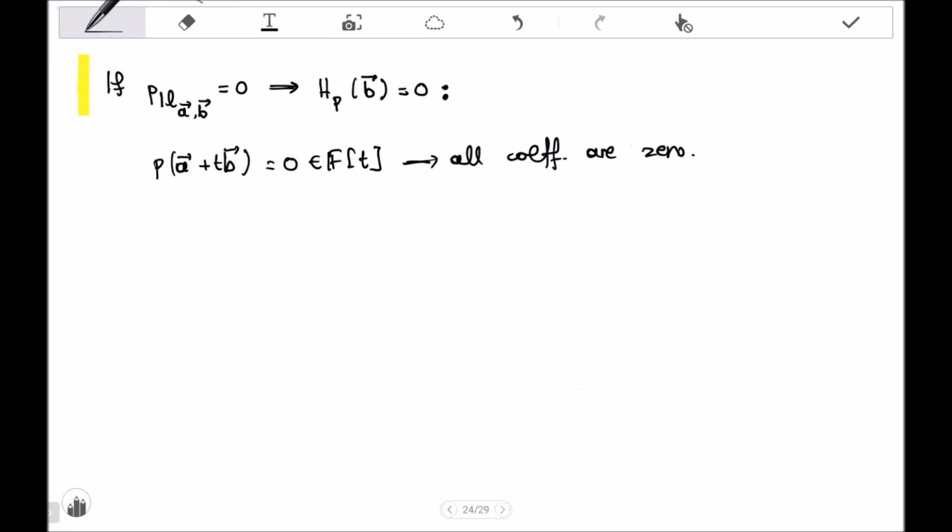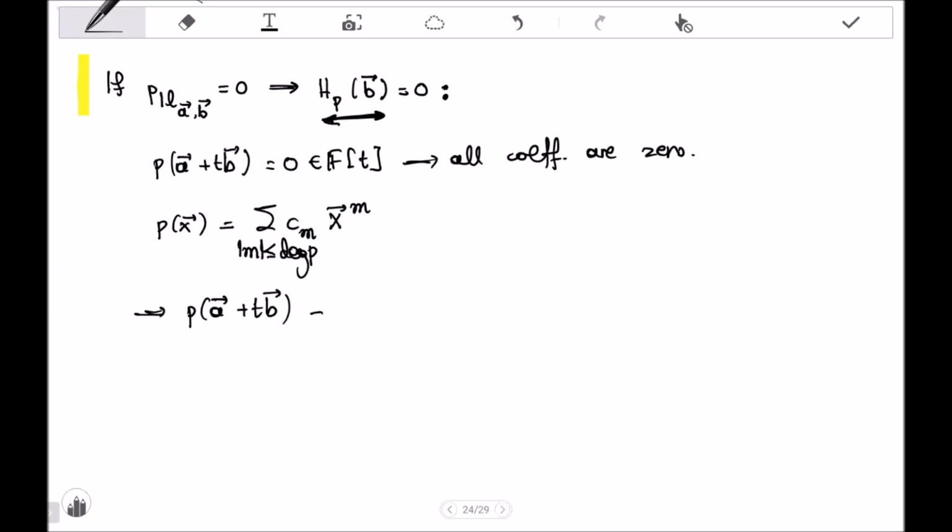I just need to understand the coefficients, and in fact, this homogeneous part applied on the direction will be one of the coefficients. So if the original polynomial is the sum of these monomials, where m is a multi-index adding to at most the degree of P, then to get this polynomial of one variable that I know is zero, I just need to replace x by a plus tb.